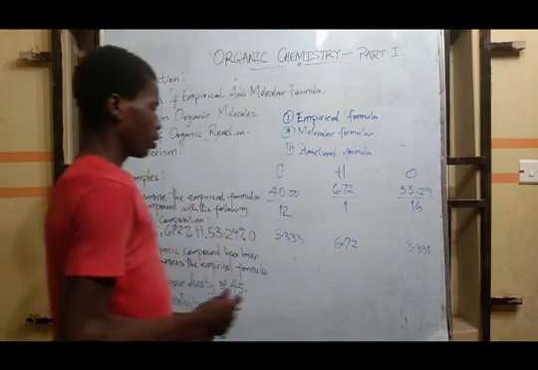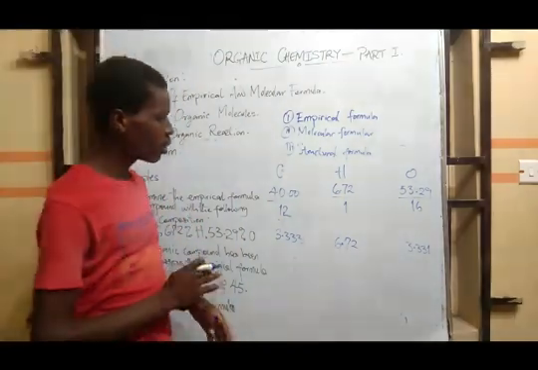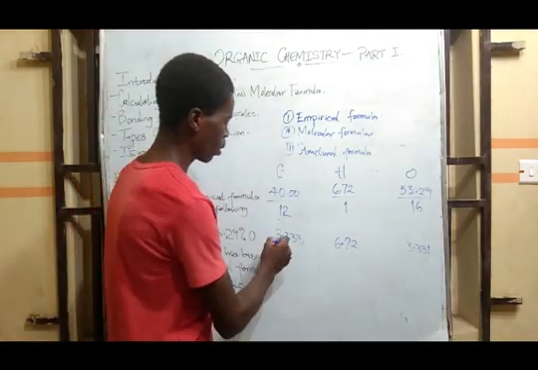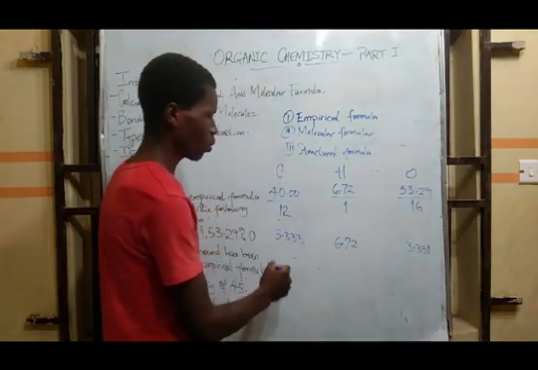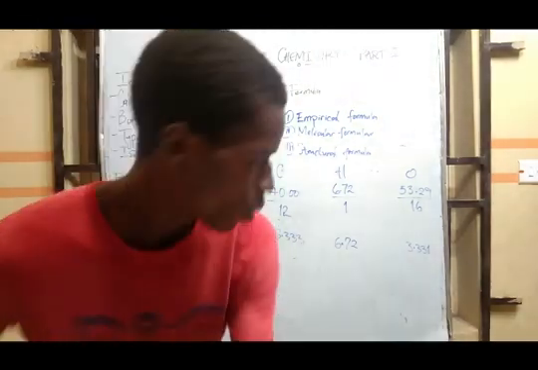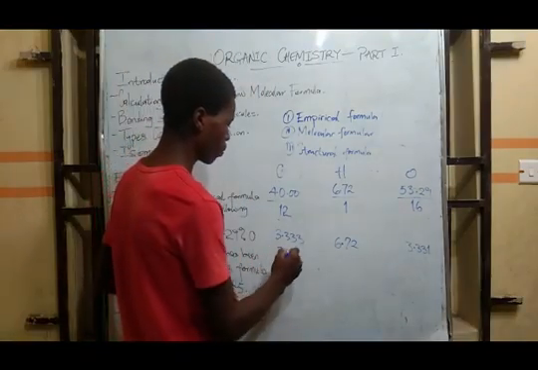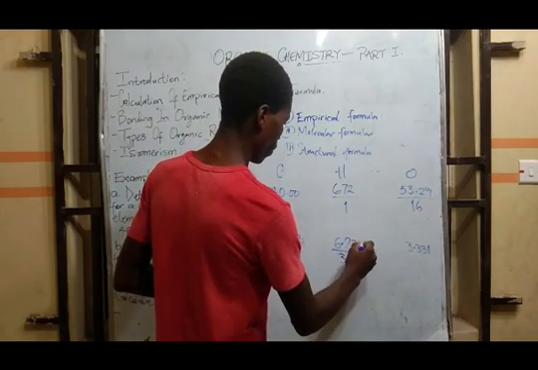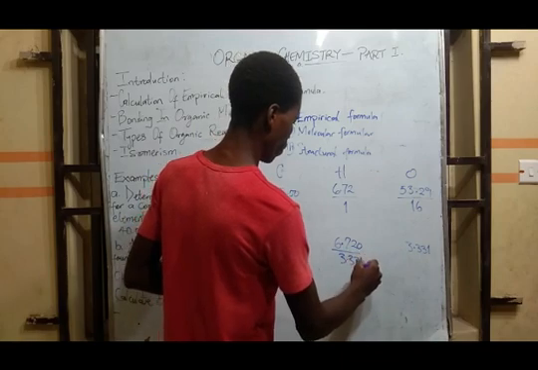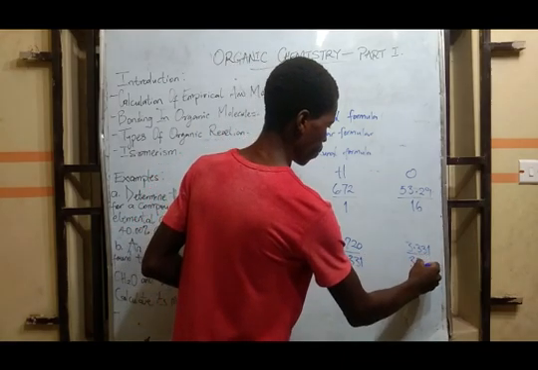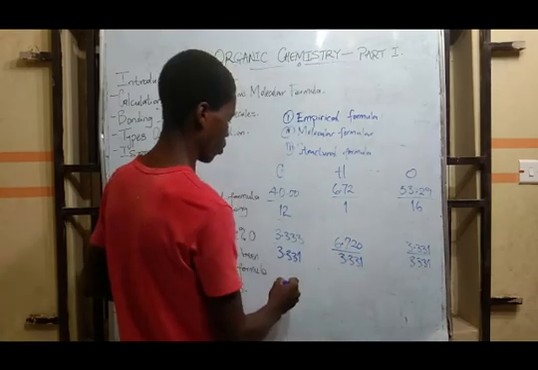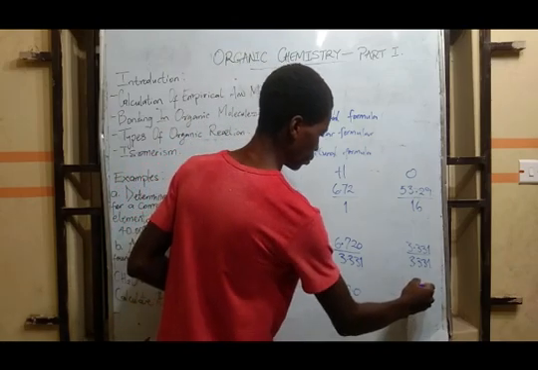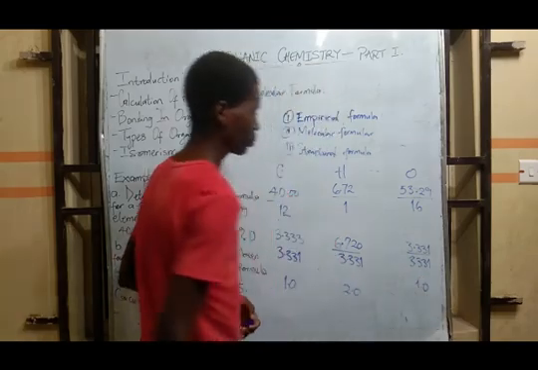3.331. Now the next step is for us to divide our results by the least result, and from our results here we have 3.33 being the least. So here we have 1.0, 2.0, and 1.0.